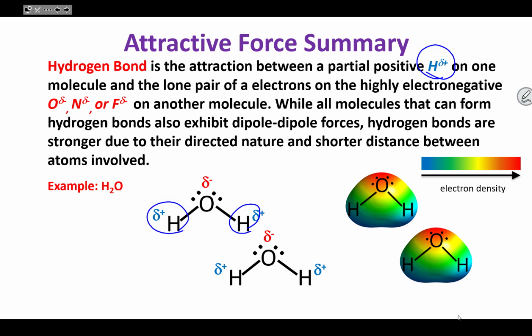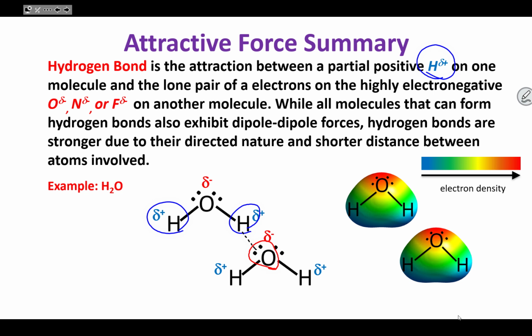In water, of course, it's the O atom on another molecule. And so I'm going to circle this oxygen atom with one of its lone pairs. And so the hydrogen bond attraction, I'll draw in with a black dashed line, is here between that lone pair on the oxygen and that partially positive charged hydrogen atom.